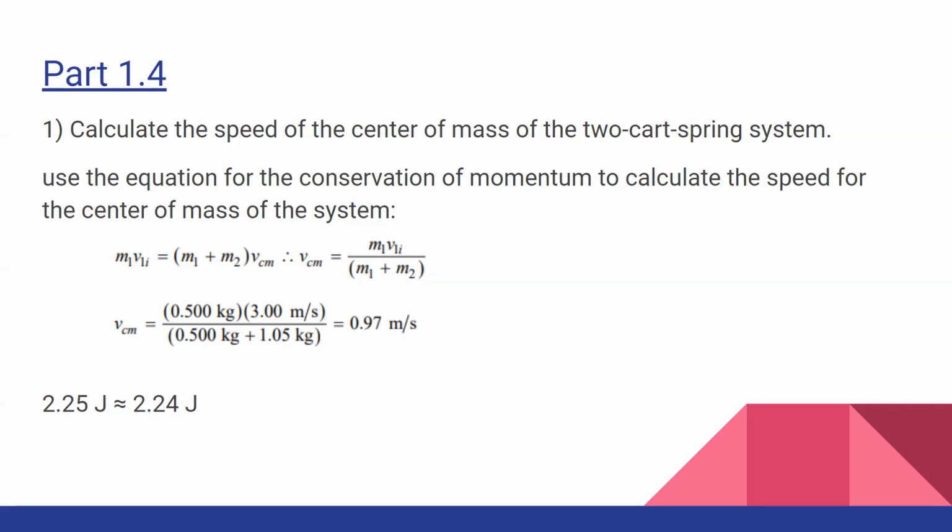So you have m1v1i, which is the momentum of cart 1 before the collision, and at that point in time, it was the momentum of the entire system. Now that quantity shouldn't have changed. So the center of mass can be expressed as the total mass, m1 plus m2, times v, where v is the speed of the center of mass after the collision. So you just rearrange the equation, plug in your numbers, and you'll get about 0.97 meters per second.